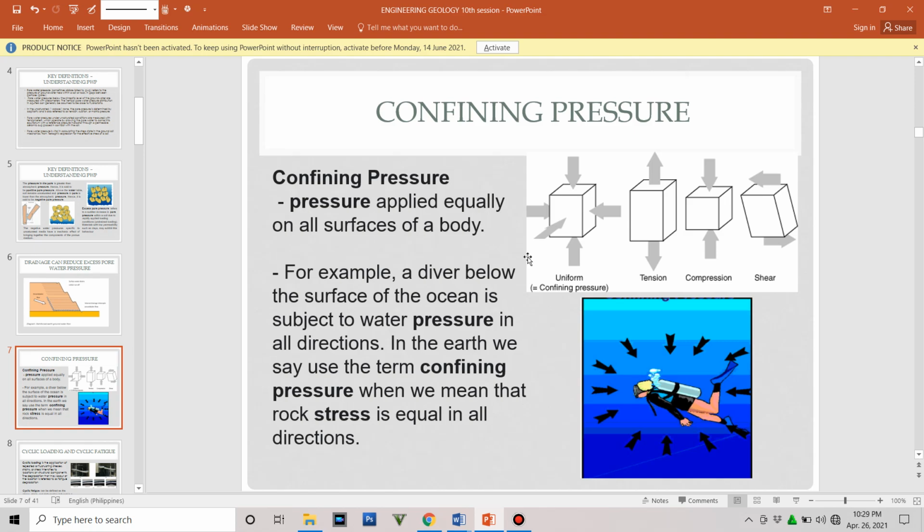So another term you need to understand is the confining pressure. Confining pressure. Pressure applied equally on all surfaces of a body. So just like if you are going to dive below the ocean, sabi nga natin below the water level, nagiging positive yung pressure.